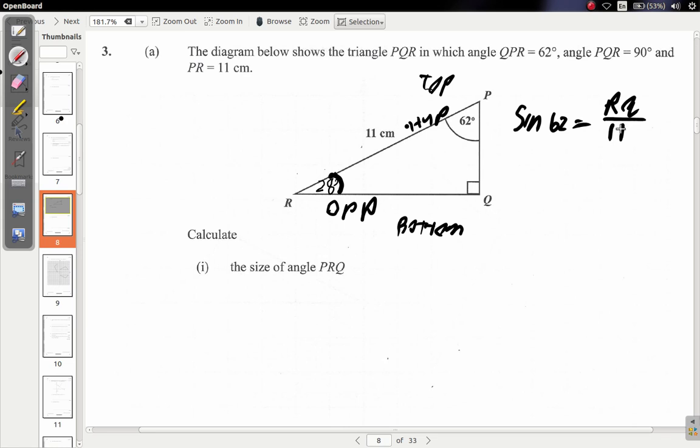So if you multiply both sides by 11, you have 11 times sine 62 equals RQ. So RQ equals 11 times sine 62. I have to go to the calculator.